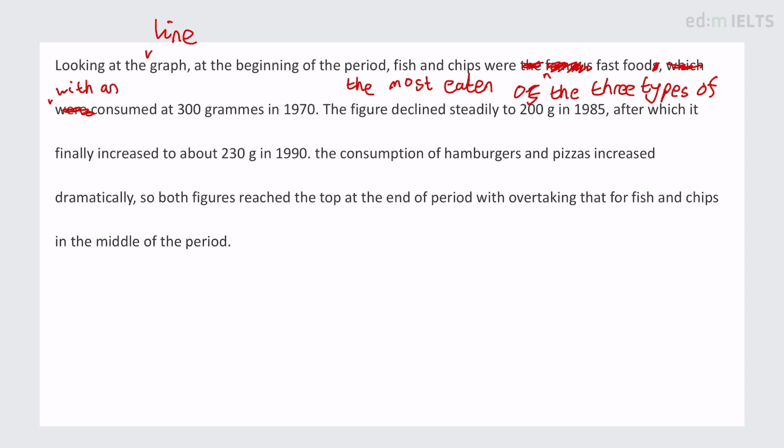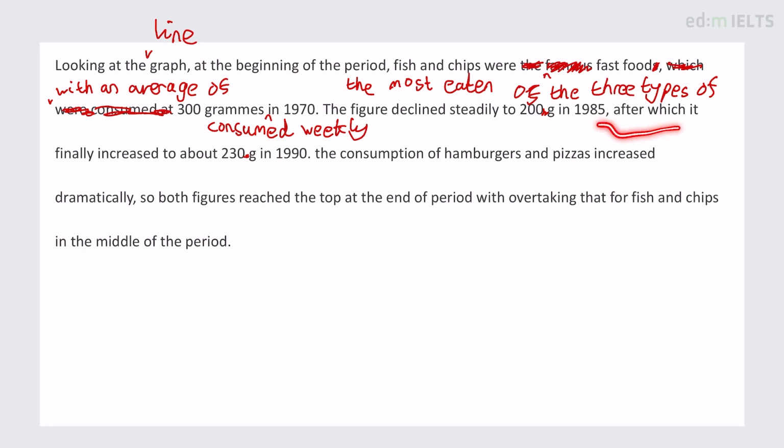With an average of 300 grams consumed weekly, per week, in 1970, the figure declined steadily to 200 grams in 1985, after which it finally increased to about 230 grams in 1990.